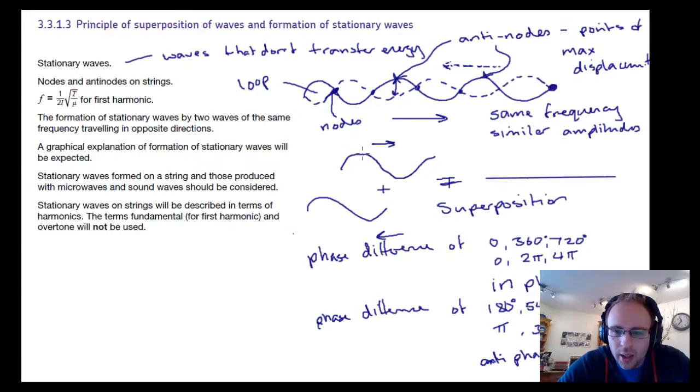So I could say maybe that this point here is in antiphase with this point here, but this point here and this point here are not on a travelling wave, unlike on a standing wave or a stationary wave, where all of these parts here are in phase and all of those parts are in antiphase with all of these parts here.